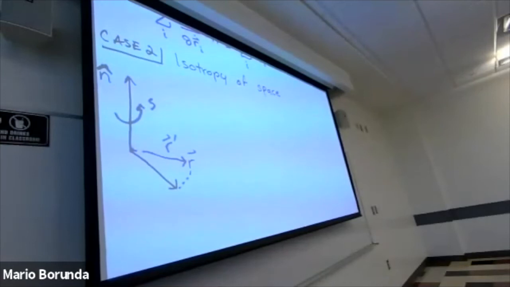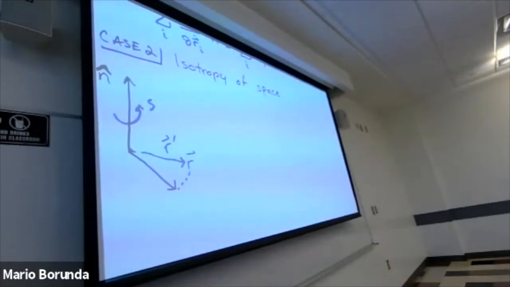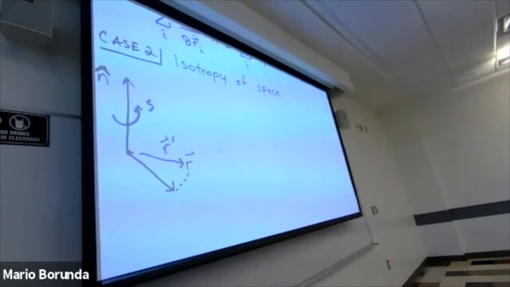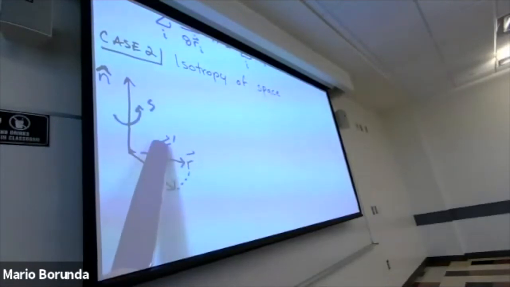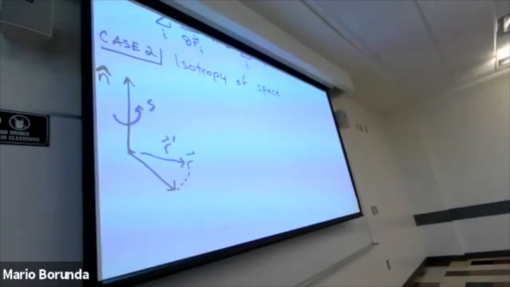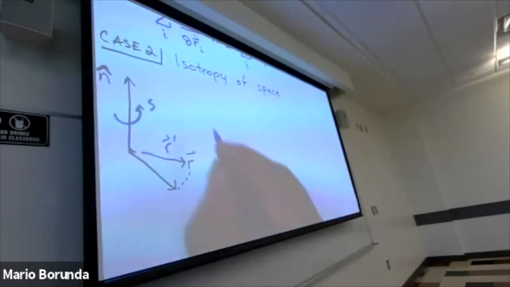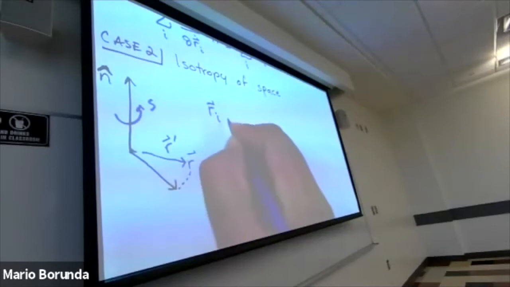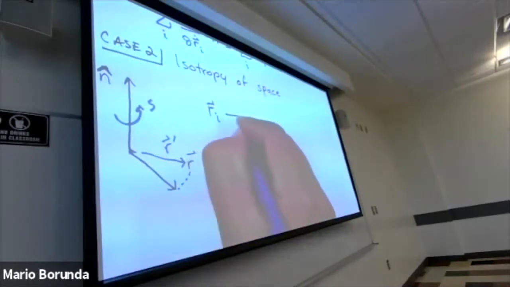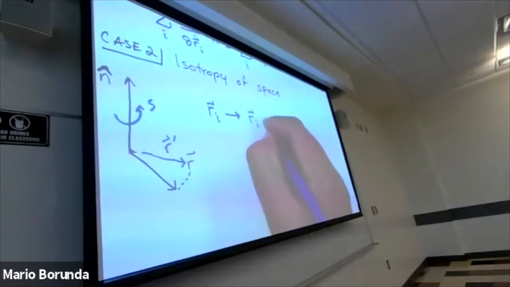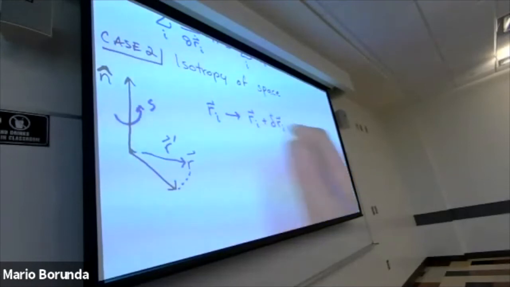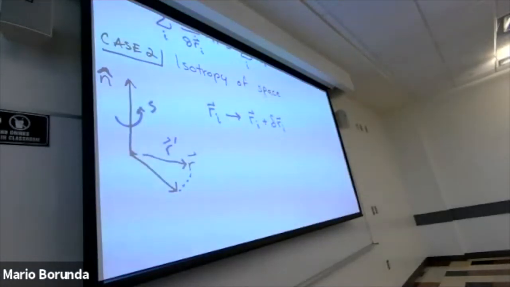So in a closed system that is described by a Lagrangian, the same one as before, what we need to show now is that it doesn't change under rotations that take us from this r to r prime. It doesn't matter how big the rotation is, so let me just do an infinitesimal rotation. Does this make sense?